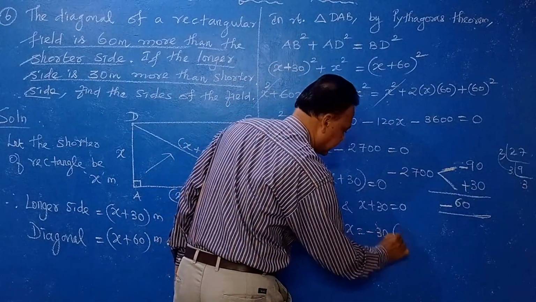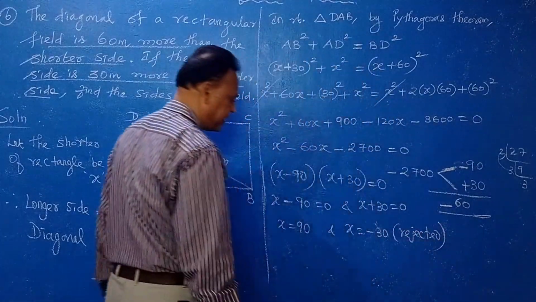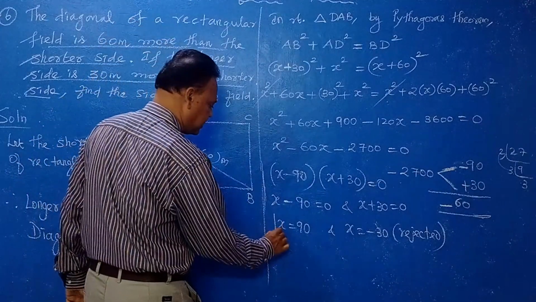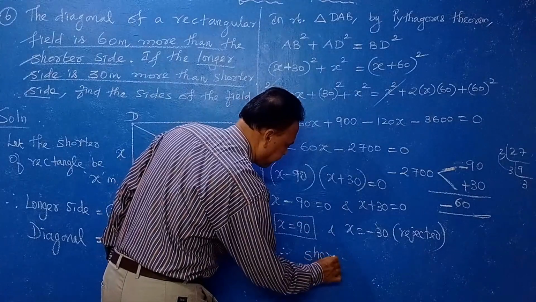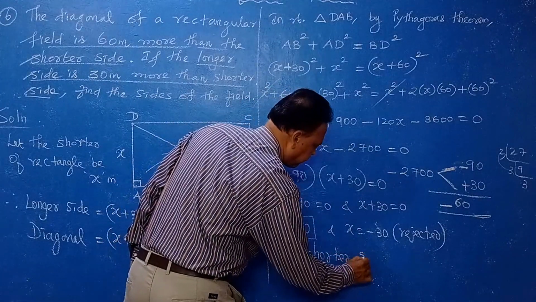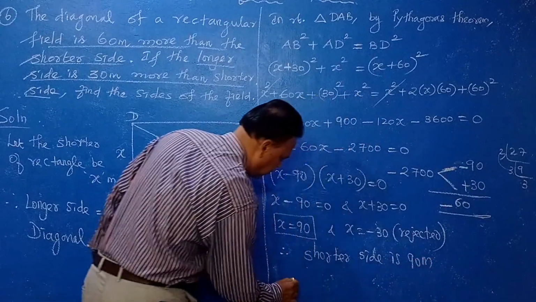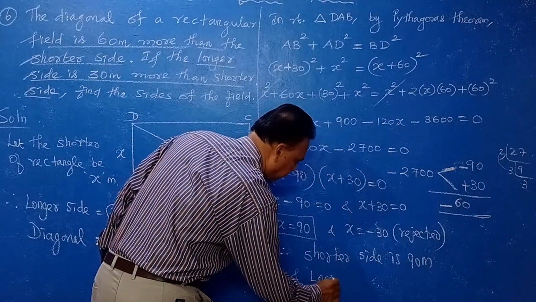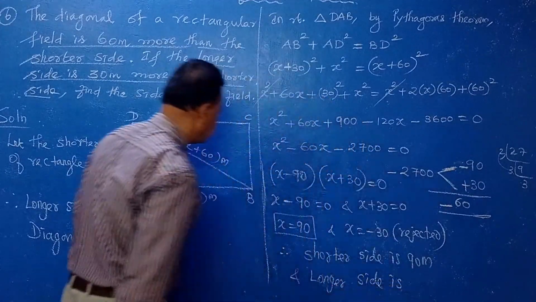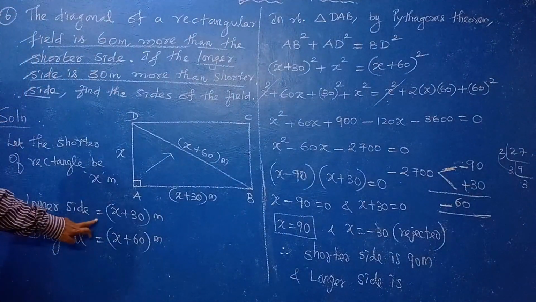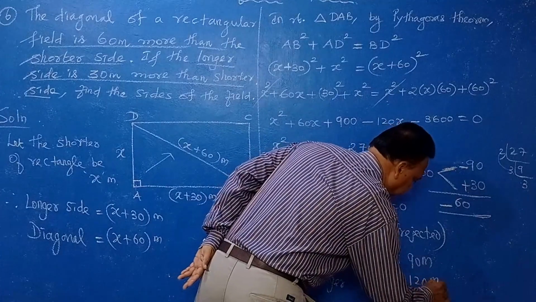Minus 30 is rejected because a side cannot be negative. Therefore x is 90, so the shorter side is 90 meter, and the longer side, see the assumption, is x plus 30, so 90 plus 30, 120 meter.